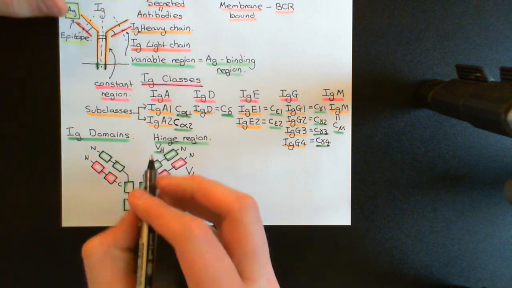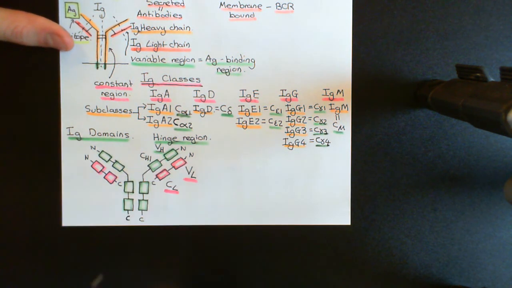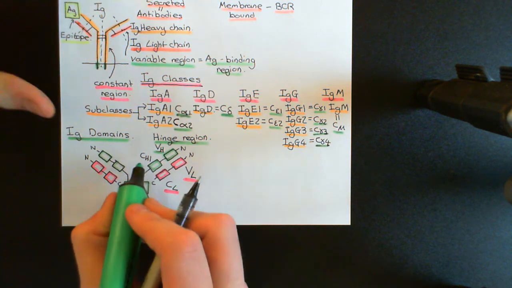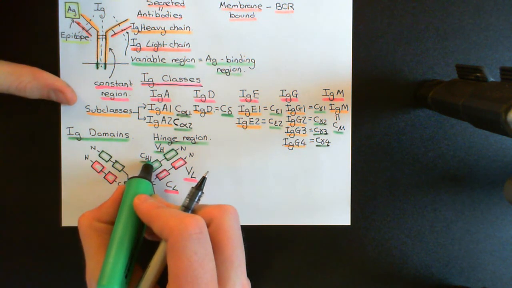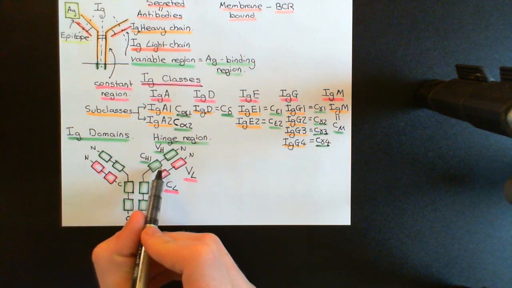Next down we have the constant heavy chain 1 domain. This is the first constant immunoglobulin domain of the heavy chain, denoted CH1. This will not be allowed to change. Each of the different lymphoid progenitor cells will not come up with their own design for this.